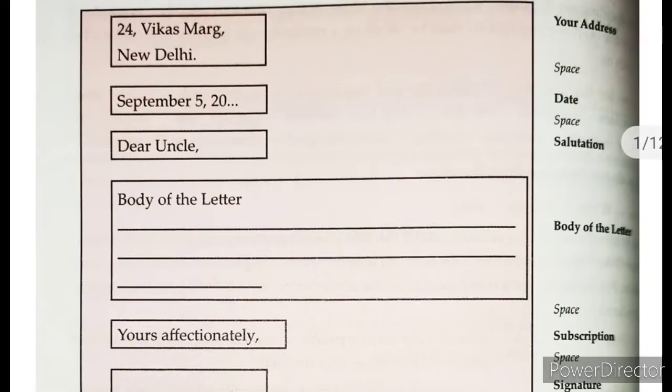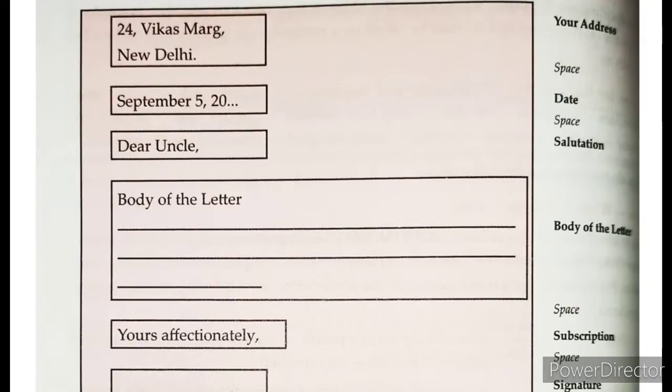The paragraph should start from the margin itself, that is just below the D of dear uncle. And then once the body of the letter gets over, now this body here they have shown only one box, but the body of the letter can have 3 to 4 paragraphs.